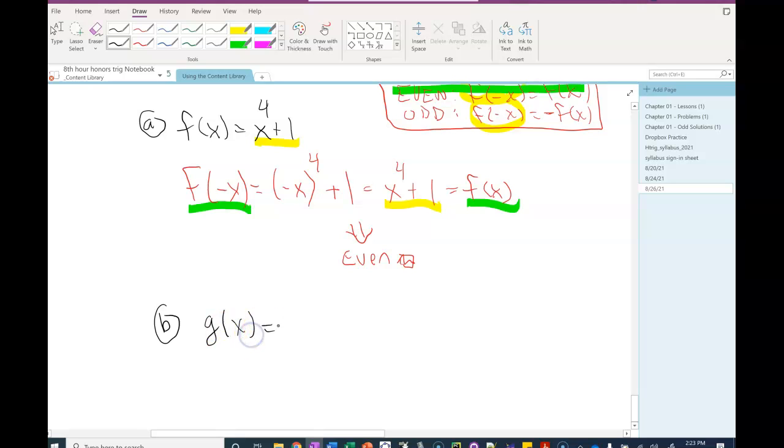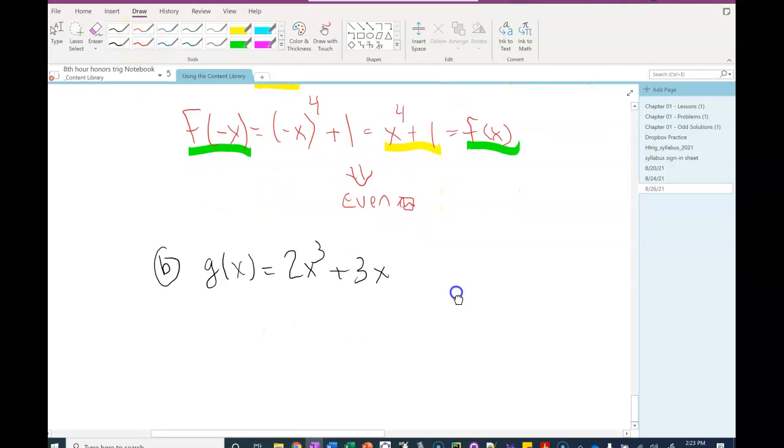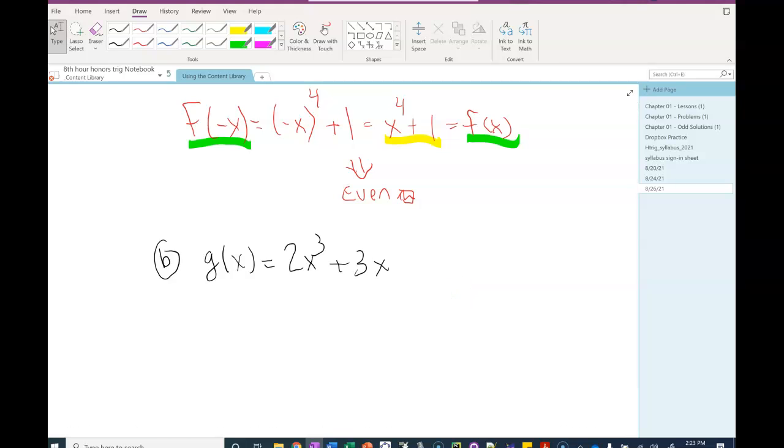So we'll call this one g of x, just so everything's different. Okay. So this one, again, start the same way, right? Whether it's odd or even, start by doing f of negative x. In this case, it's really g of negative x.